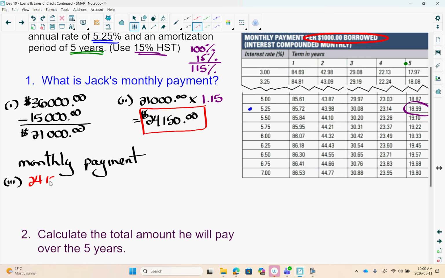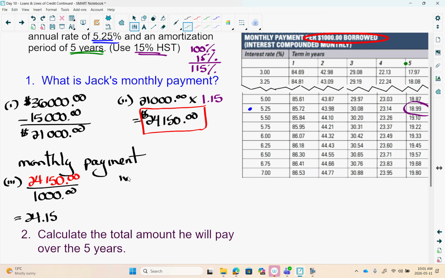That's what I need to borrow, and I'm going to divide it by what? 1,000. Why do I divide by 1,000? Because the personal loan payment calculator tells me to do that. It says per $1,000 borrowed. Swing the decimal place 1, 2, 3 spots to the left. Do you agree that I get 24.15? Or you could just do that on your calculator.